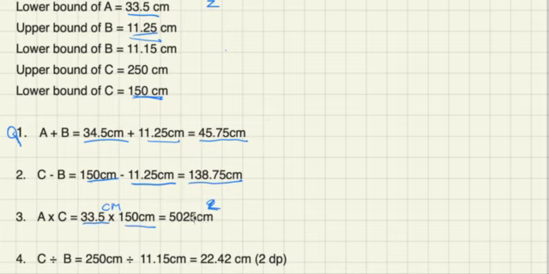And then for 4, it is the upper bound for C, which is 250, divided by the lower bound for B, which is 11.15.